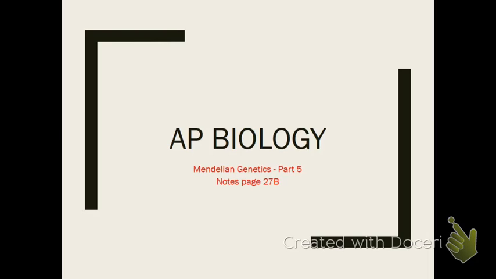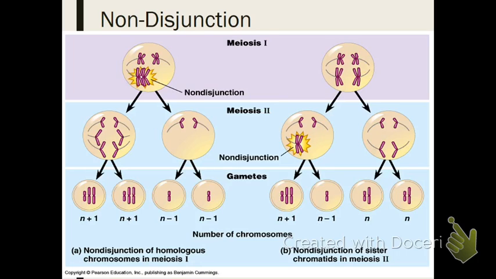It can be silent if the same amino acid that was supposed to be there is brought in, or it can cause problems if it brings in another amino acid. And then reading frame shift mutations are those where a nucleotide has been deleted or inserted, and so everything kind of shifts downward.